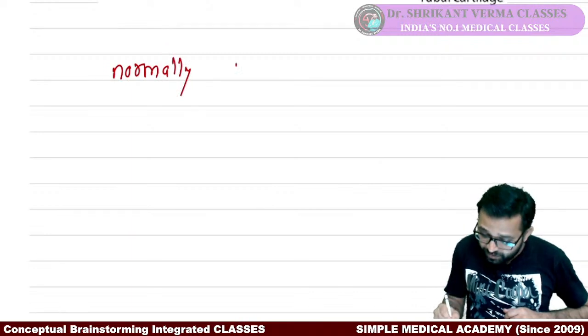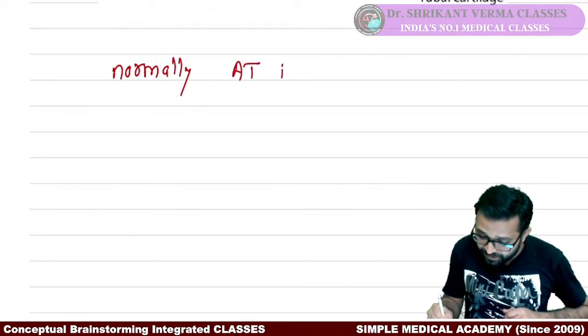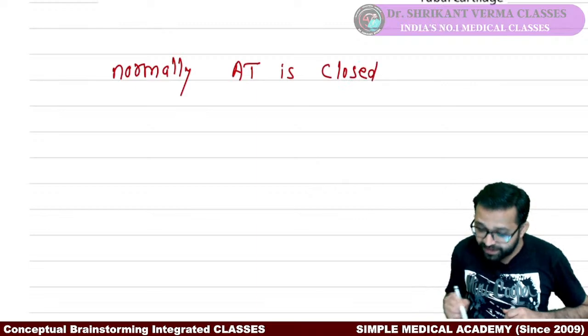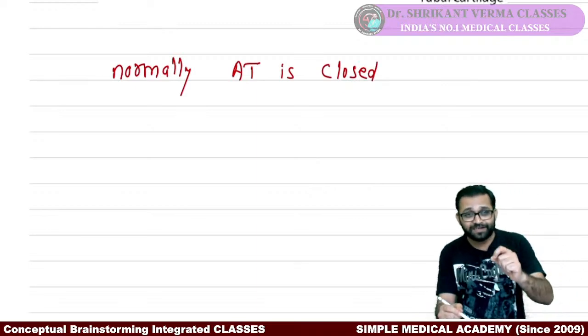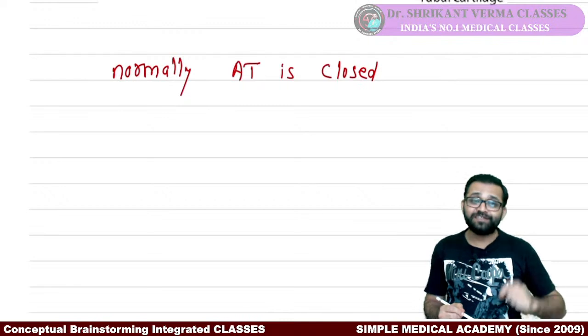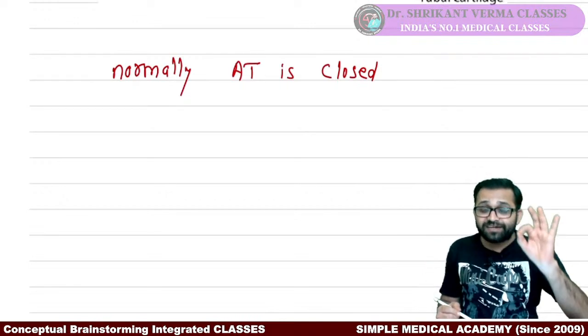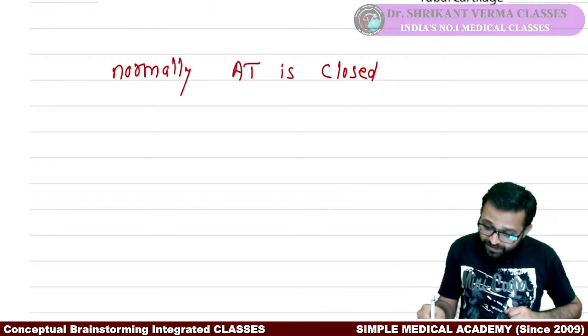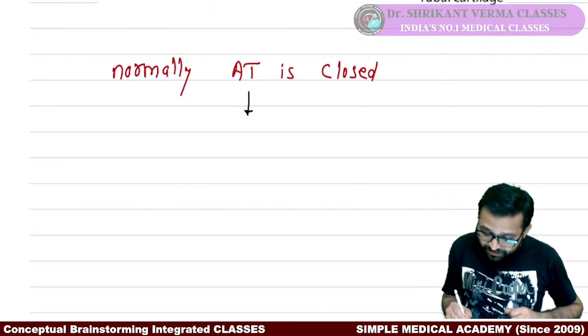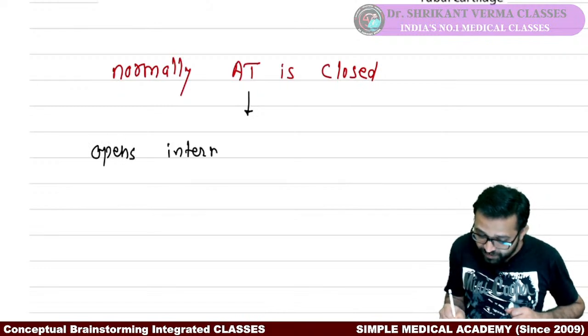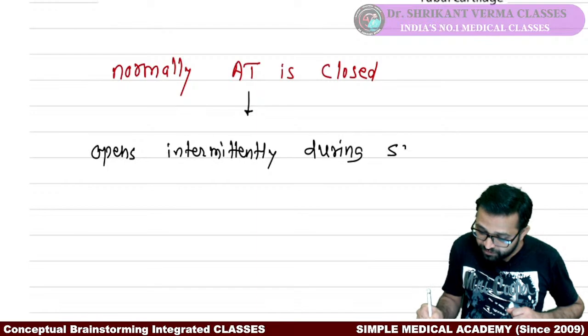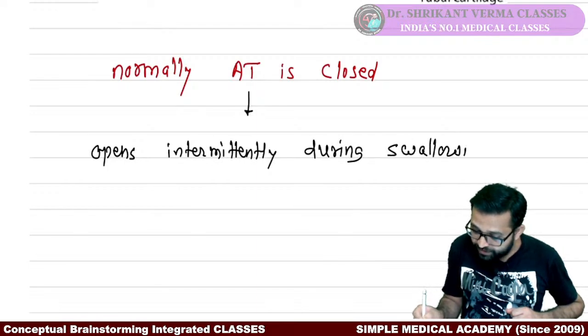Okay sir, the auditory tube is closed. Agree? We saw the anatomy of the auditory tube in the previous class. Yes, it has two ends, the pharyngeal end and the tympanic end. The pharyngeal end is normally closed. Now try to understand, but it opens intermittently during swallowing.